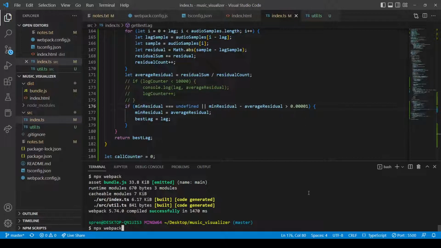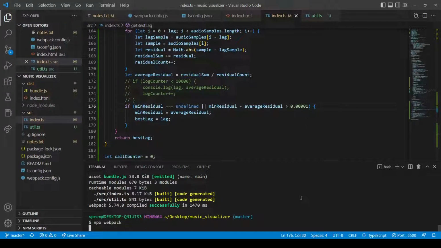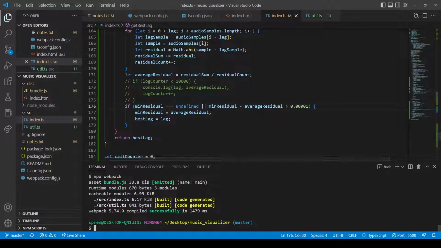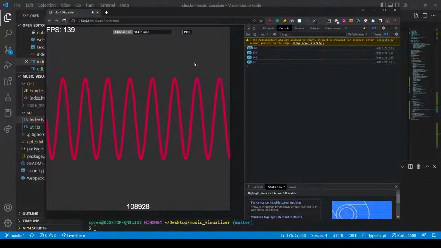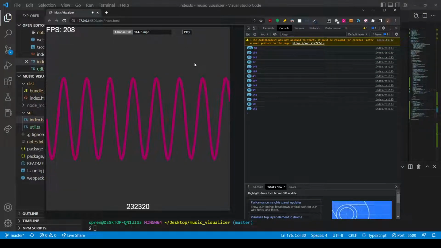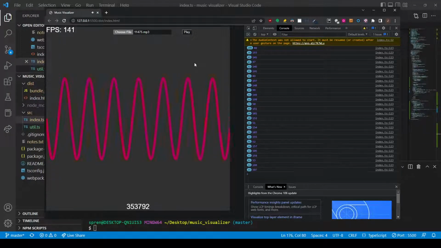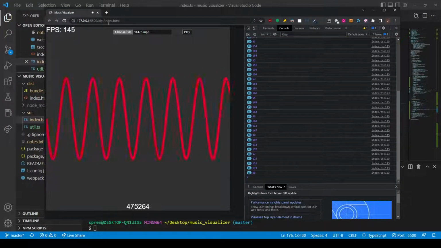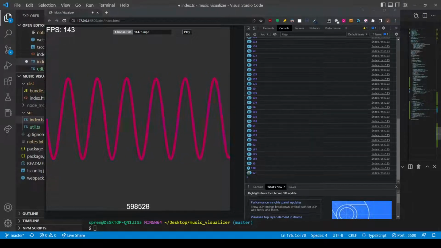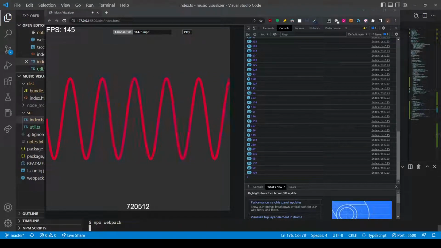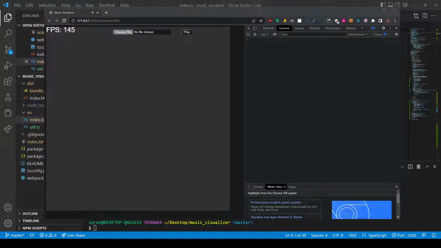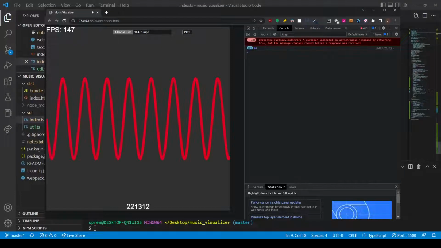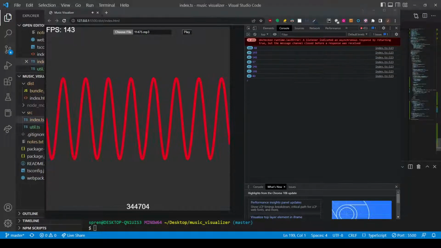If I reduce this tolerance... Is that what we need to do? Is that what's happening? No, it's still... What if I do this? More! Nope.